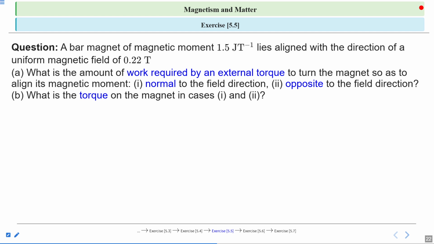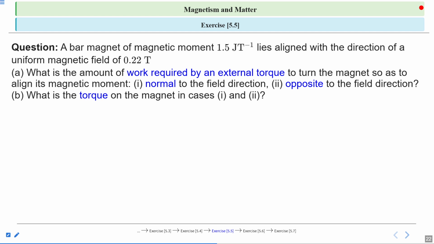Okay, since bar magnet is aligned in the direction of magnetic field, means it is in stable equilibrium. So to disturb its equilibrium position, we have to do the external work against the torque.